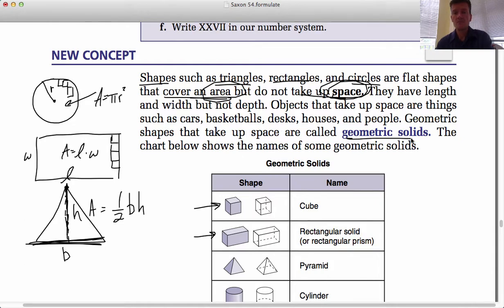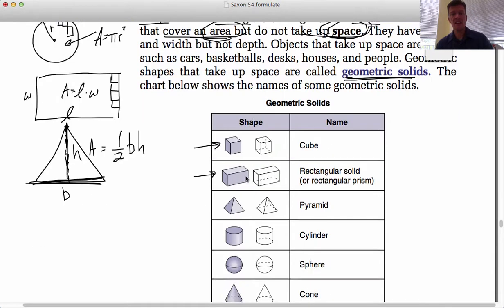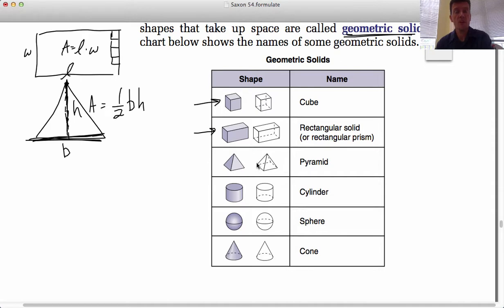So they are called geometric solids, and here's a chart down here showing some of the more familiar, more common ones. A cube, all of the sides of a cube are equal in length, so it has 6 equal faces. A rectangular solid, I should say, is a rectangle on 4 of the faces, and it may be a rectangle in the front and the back, or it may be square, but that is called a rectangular solid, or also called a rectangular prism.